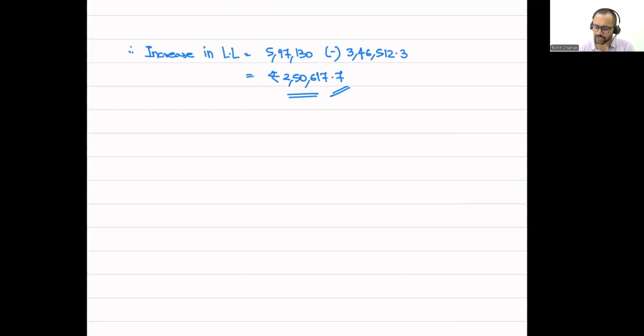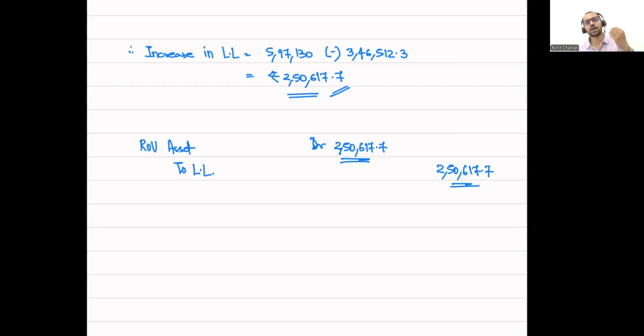2,50,617.7. A corresponding adjustment will be given to ROU asset. So we debit ROU asset by 2,50,617.7, and we credit lease liability by 2,50,617.7. So lease liability increase basically refers to we credit the lease liability by 2,50,617.